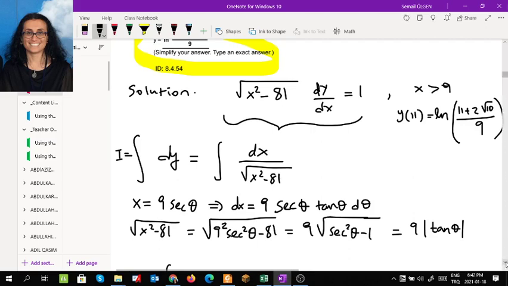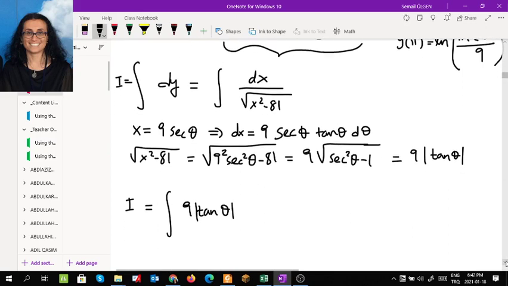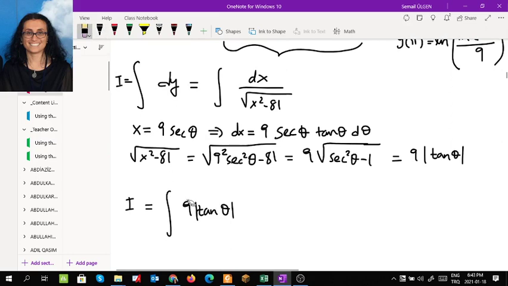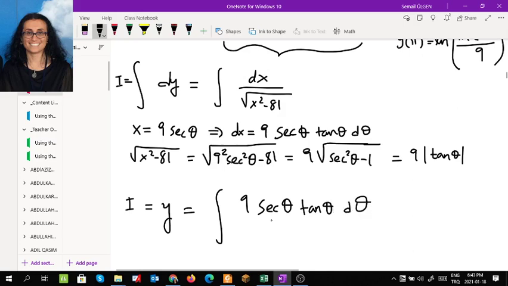Alright, so let me erase that. Okay, if you integrate that, you get y on this side, and then on this side you're going to get, what is dx? dx is 9 secant theta tangent theta d theta, all over 9 tangent theta.